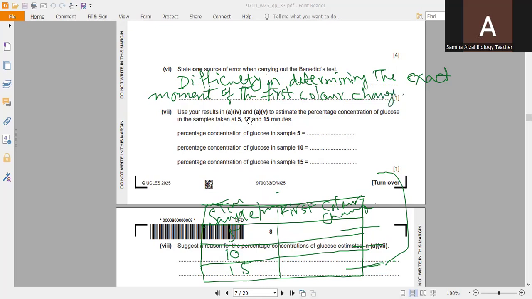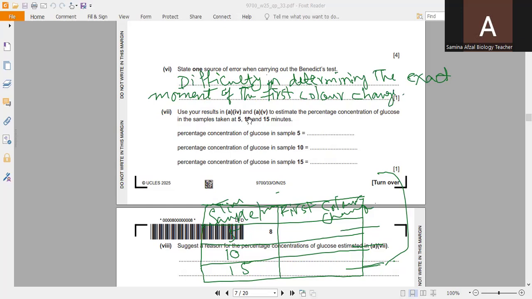So this can be the source of error. You can write any other source of error as you can find, there are some fluctuations in the temperature of the water bath. So you can do that. Use your results in A4 and A5. Estimate the percentage concentrations of glucose in the samples taken at 5, 10, and 15 minutes.